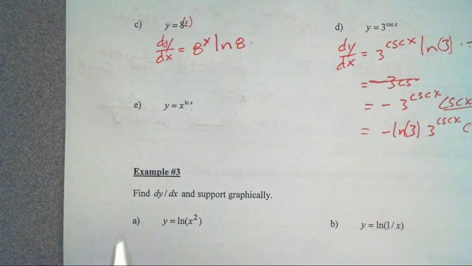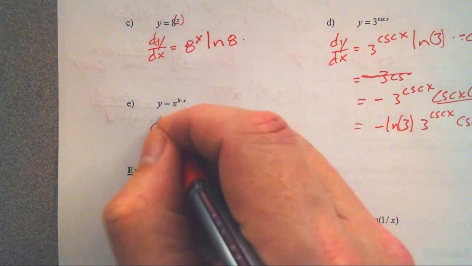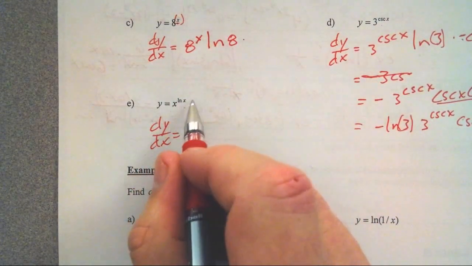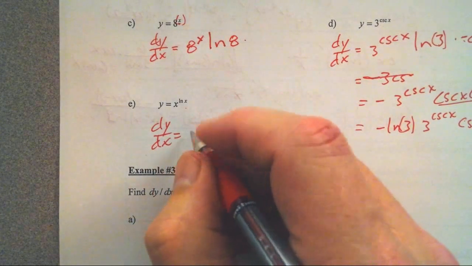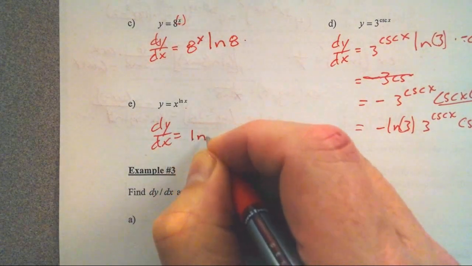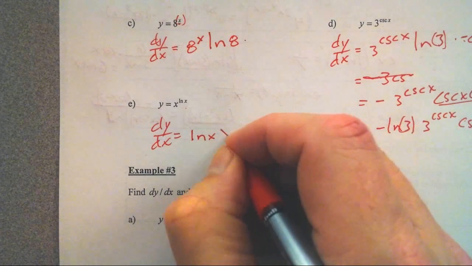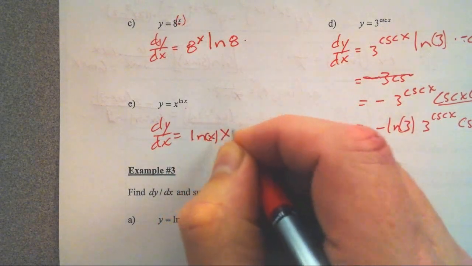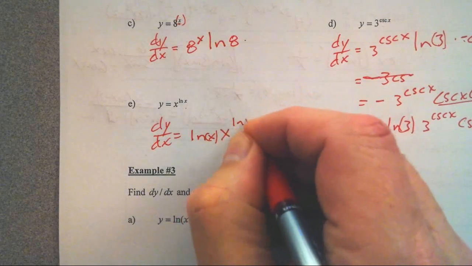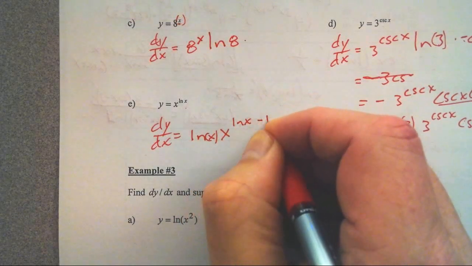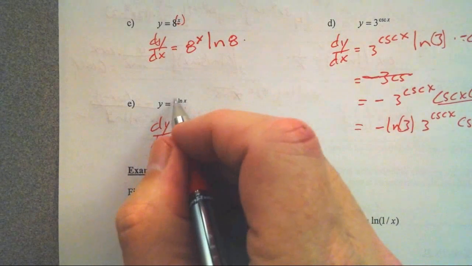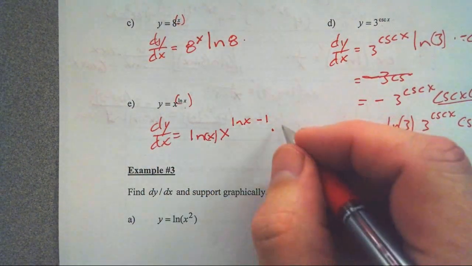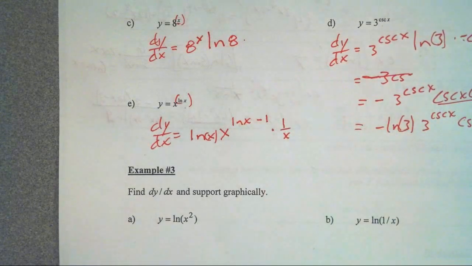x to the ln x. All right, no big deal. dy dx. x to the wants to be ln of x times x to the ln of x minus 1, but we have to treat the baby function, the derivative of ln of x, which is 1 on x.